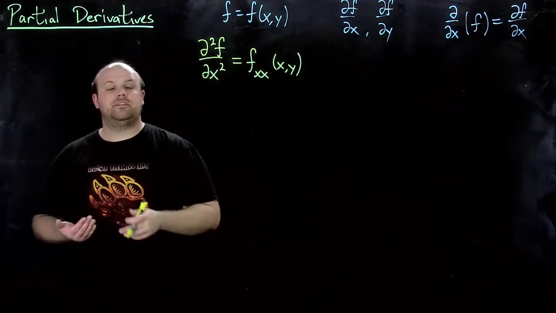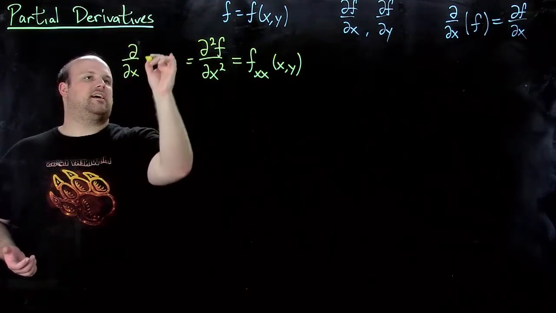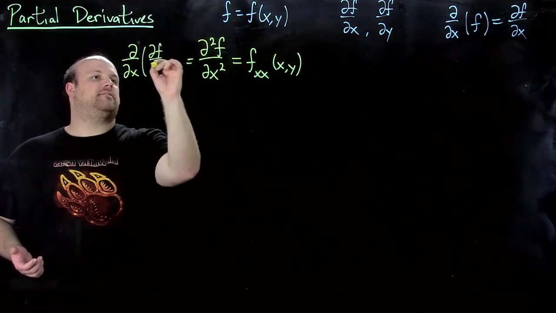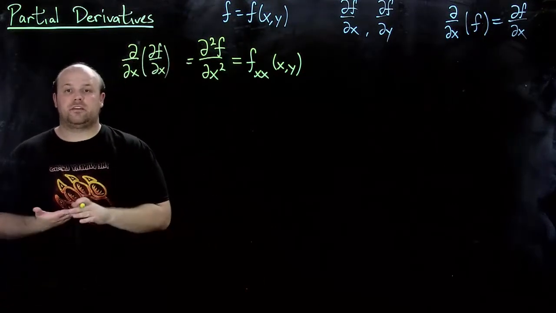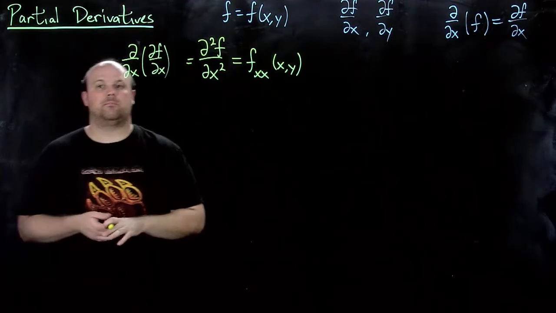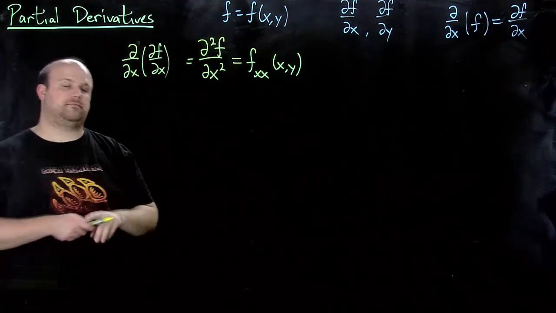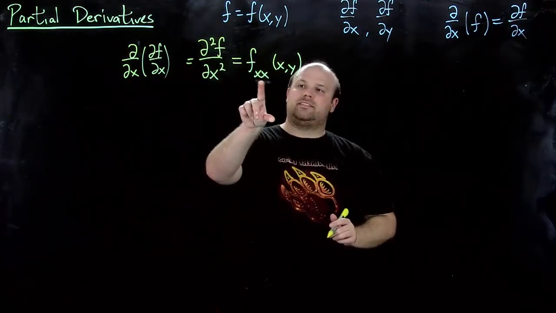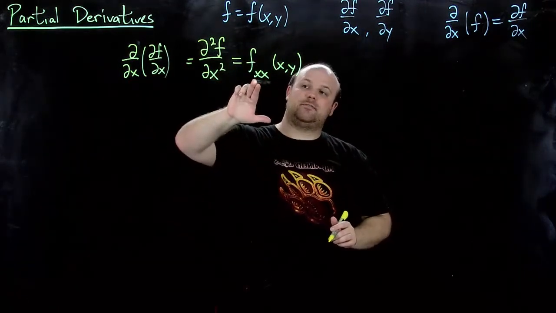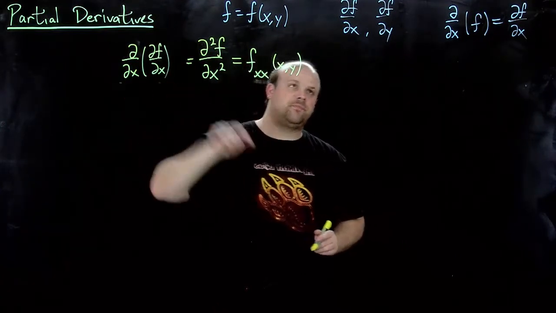But what I want to get you used to is thinking this is d dx of df dx. And here's the reason I want you to think about it like this. Because these guys are coming in from the left-hand side. So when we read this, we read it as do the x derivative, then do it again. Here we kind of have to read backwards.